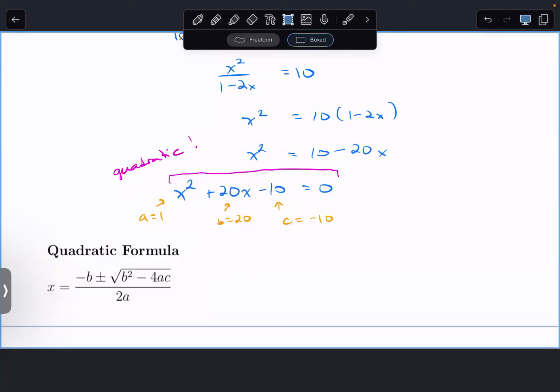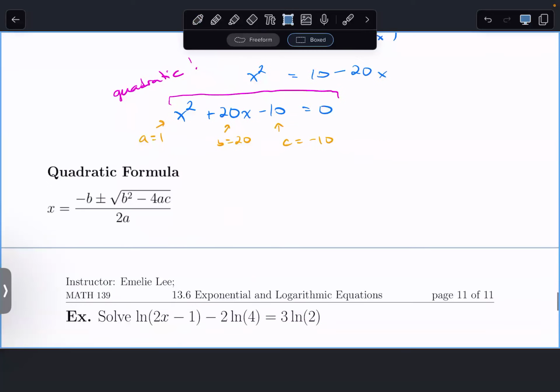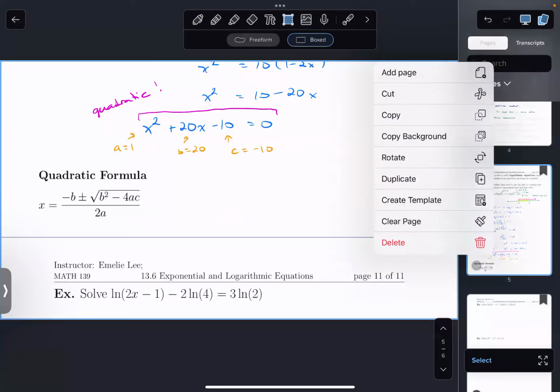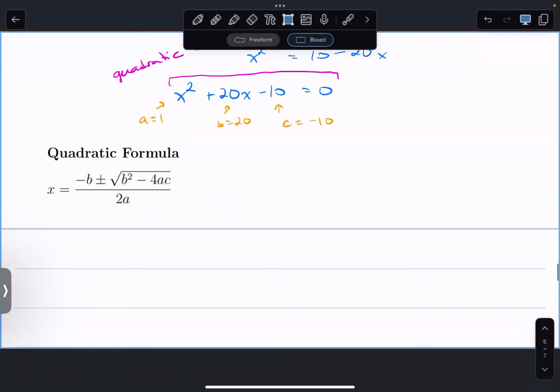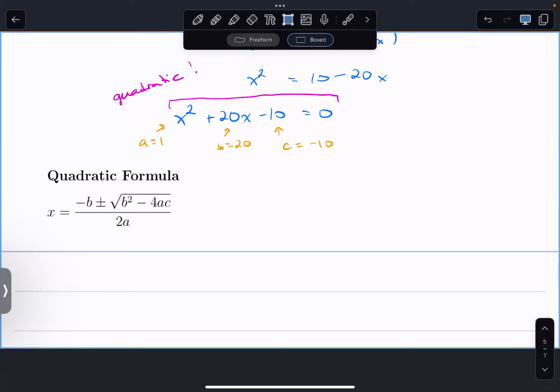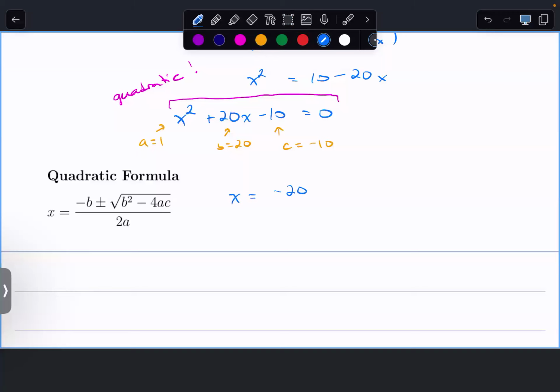You might still need to use your formula sheet, especially if it's been a while since you used the quadratic formula. So then I get x is negative 20 plus minus 20 squared minus 4 times 1 times negative 10.